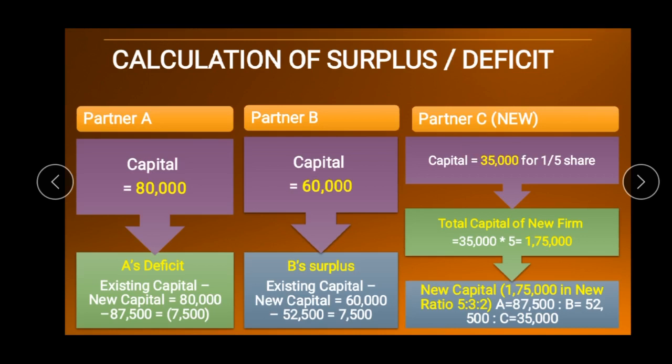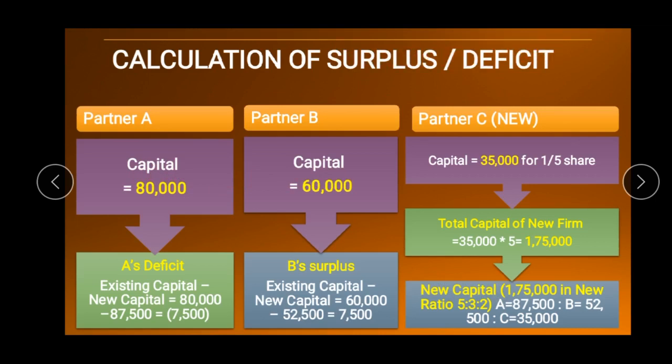So now we have calculated new capital of each partner, and existing capital is already given. So we will compare the new capital with the existing capital to calculate surplus or deficit.